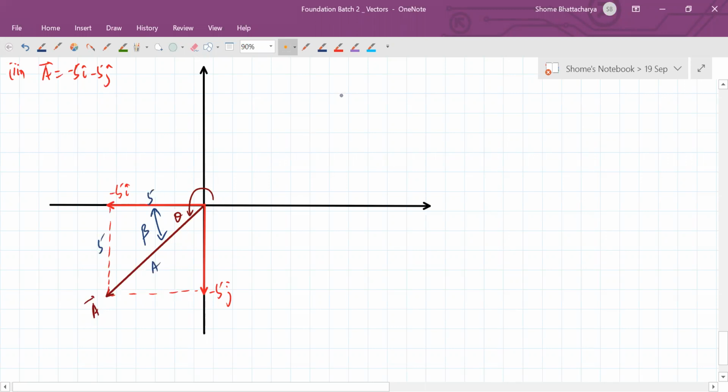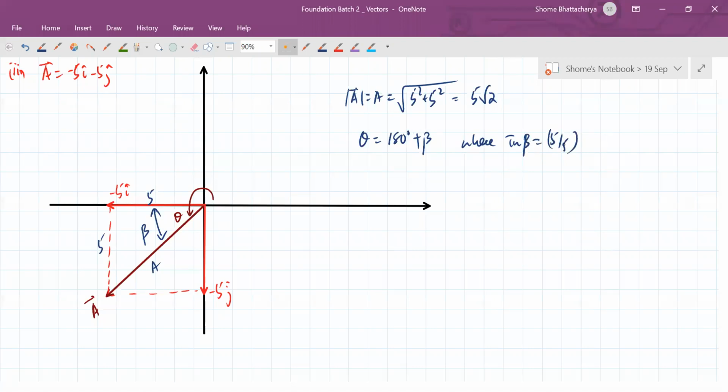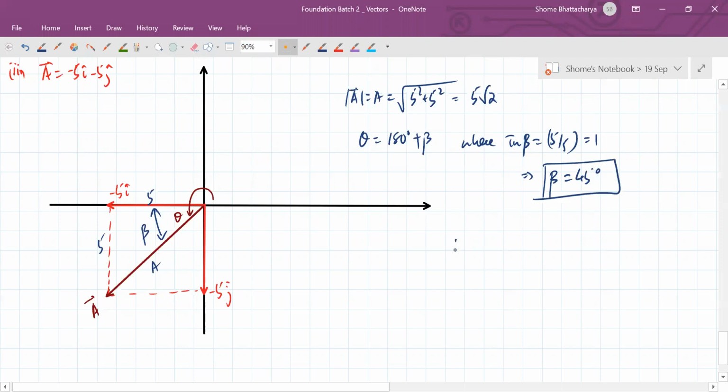So the magnitude of the vector, okay, and theta you can see is 180 plus beta, where... that's it.